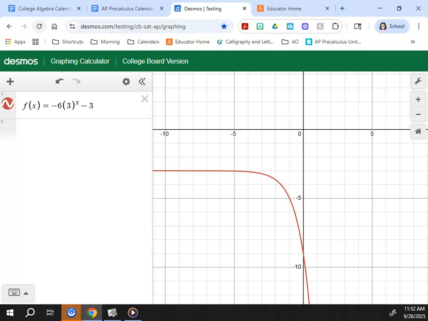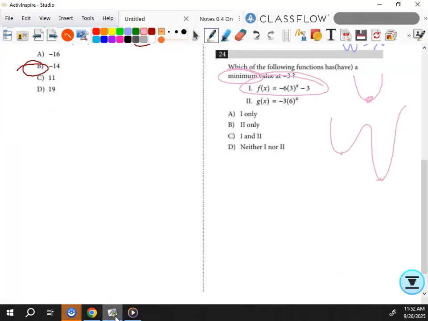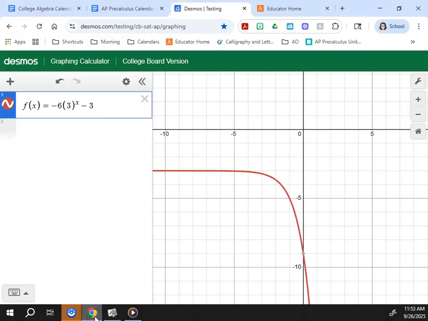Do we have a minimum value at x equals negative 3? No, right here, that's definitely not a minimum. It's also not a maximum, but it's definitely not a minimum. So do we like Roman numeral 1? No, we do not. So I don't like that one, which means I don't like A or C. It's not 1 because this is not a minimum value at negative 3.